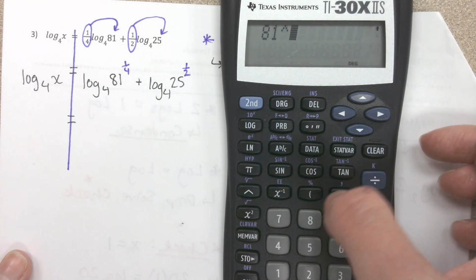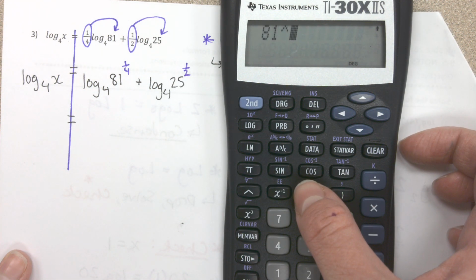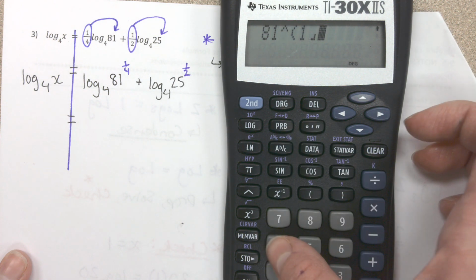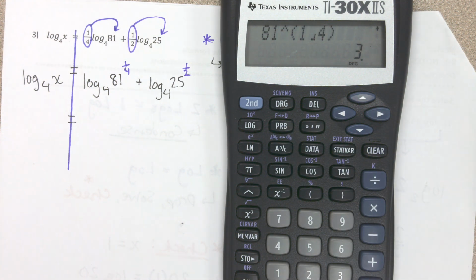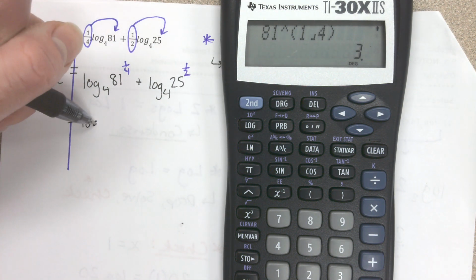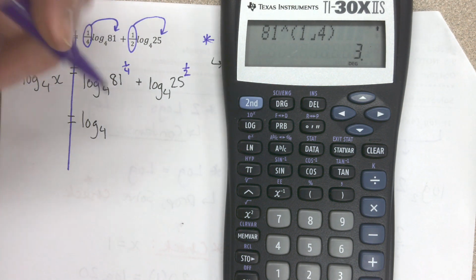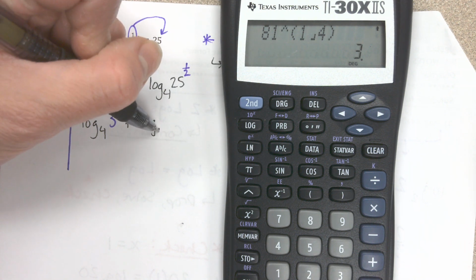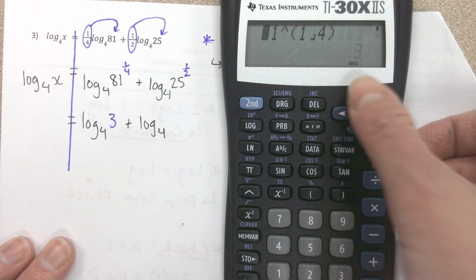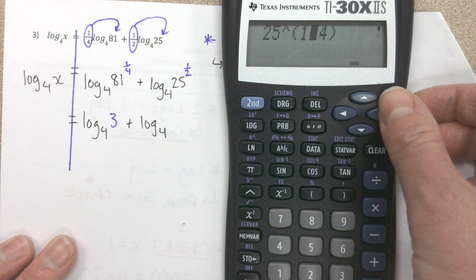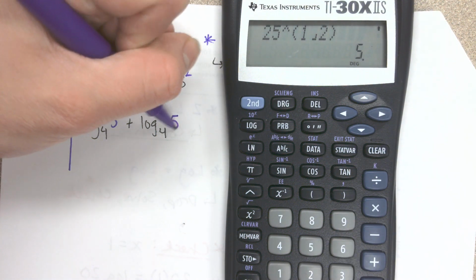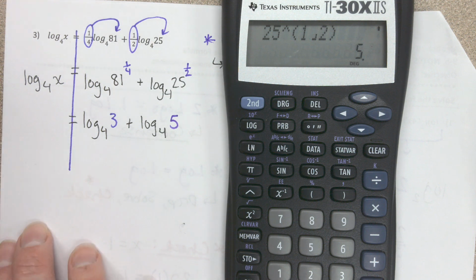81 caret, and then we'll use the fraction button for 1/4. This becomes log base 4 of 3 plus log base 4 of, we'll do 25 to the 1/2. That is 5. And then bring down the left side.